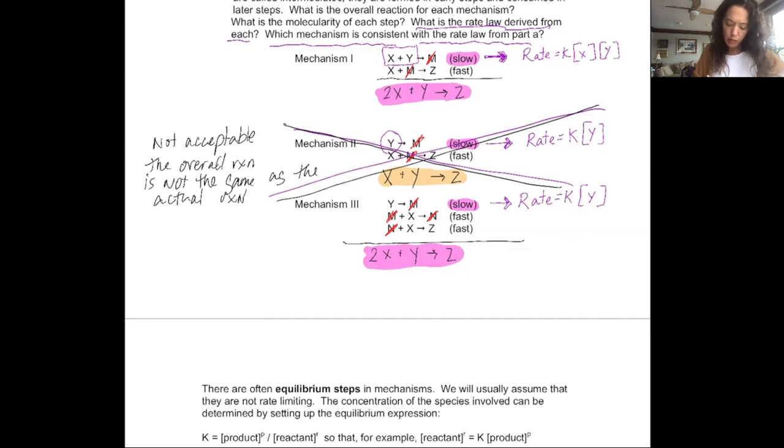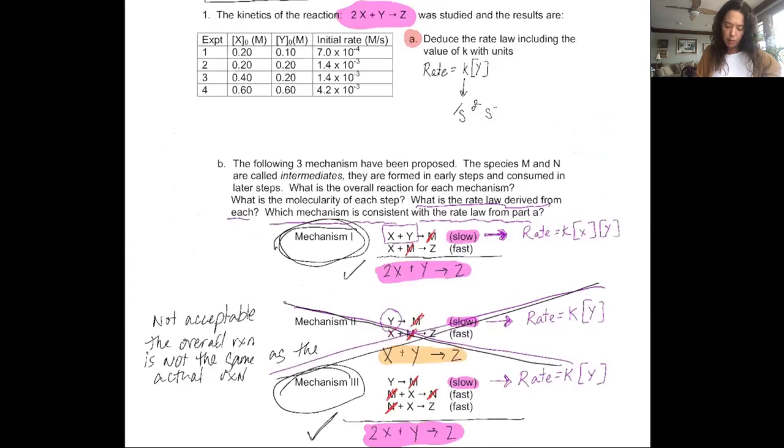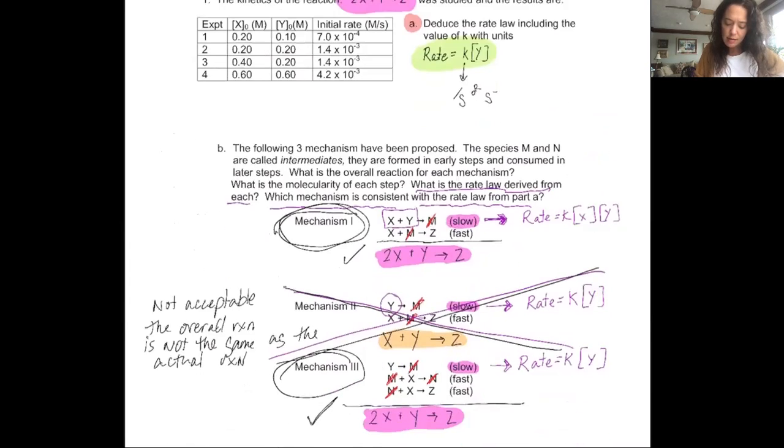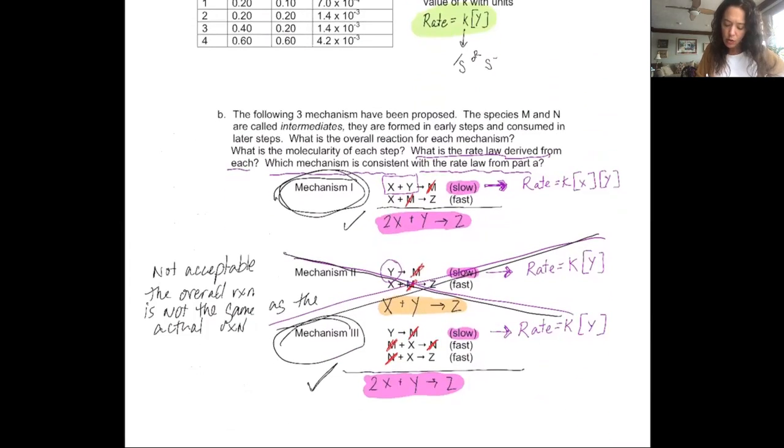Now, we've got two options right now. It could be mechanism 1 because the overall is the same, or mechanism 2 because the overall is the same. Now, if we look up, remember there's two requirements. The overall has to be the same. The other requirement, if you remember, was that the experimentally determined rate law is consistent with the rate law from the mechanism.